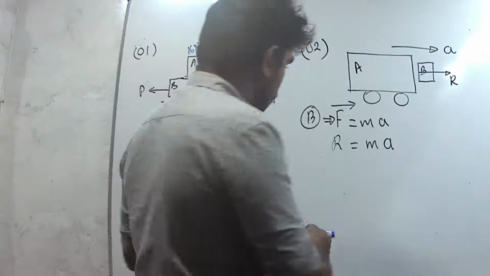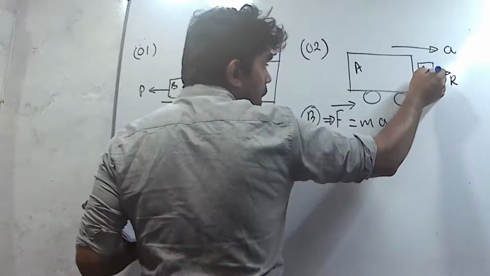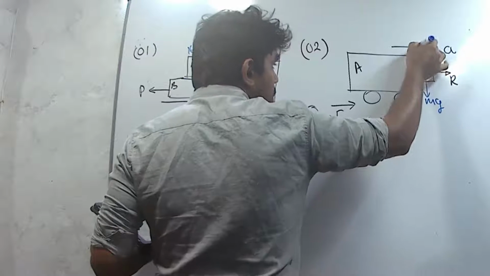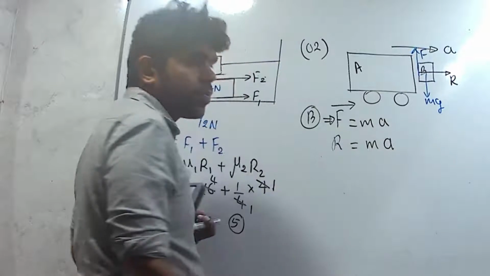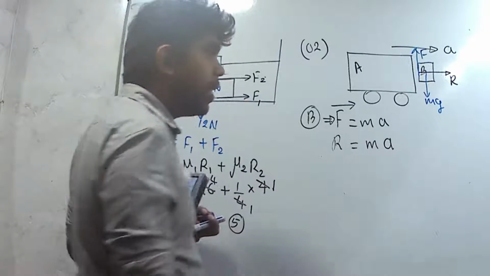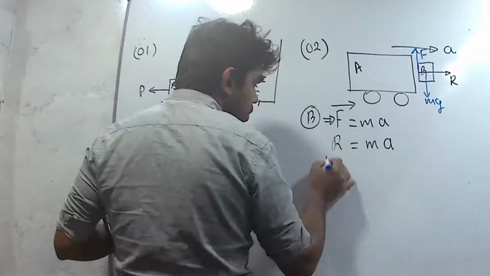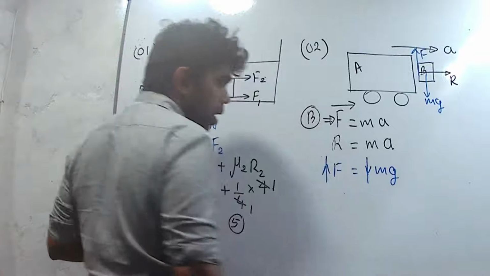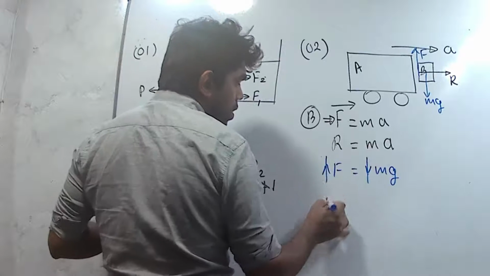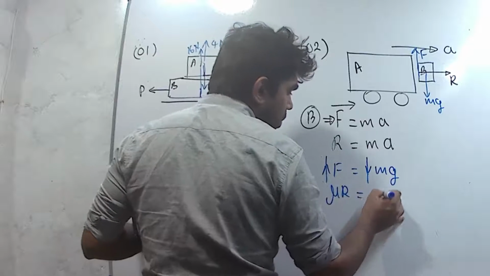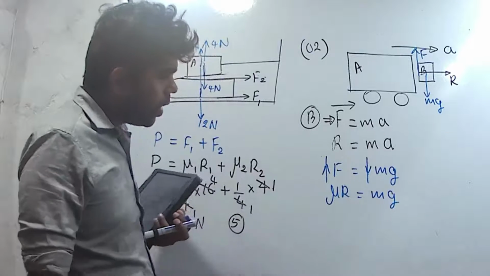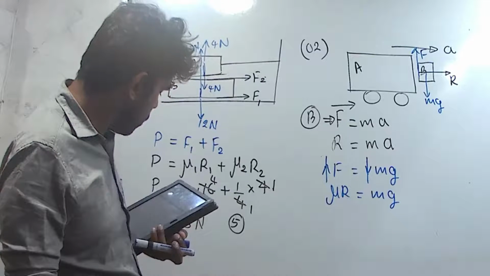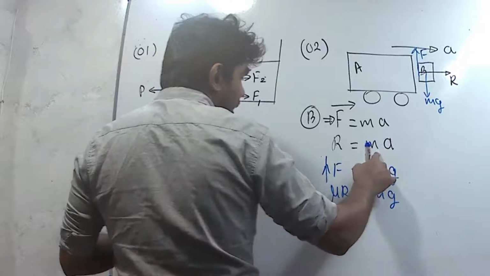Now, for the equilibrium of B, the weight of B, mg, should be equal and opposite to the frictional force on B. We can write frictional force equals mg. The upward frictional force should be equal to the downward weight. Now we can substitute frictional force mu R equals mg. They have given the coefficient of static friction is mu. We substitute R as ma.